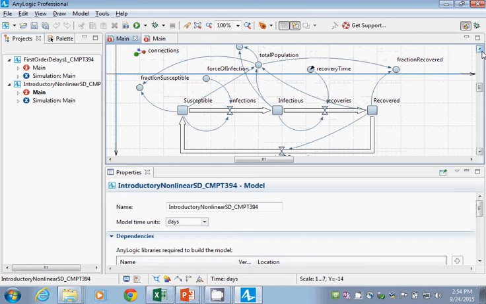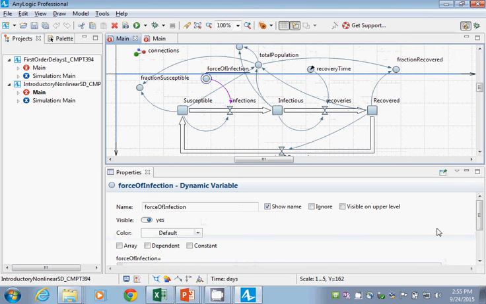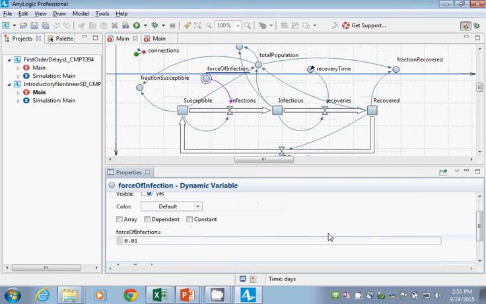The risk of a given susceptible getting infected in this model right now is independent of how many infectious people there are. If there are 0 infectious people, as at the start, or 999 of them, you have the same chance, if you're susceptible, of getting infected. And what is that chance? It's given by this constant for force of infection. Go look at it there. Force of infection is just a constant. So I feel I've been pulling the wool over your eyes a little bit, but I've done so for a reason.